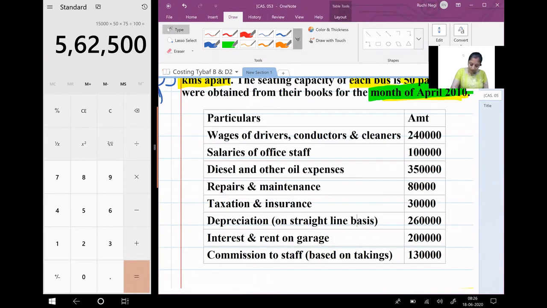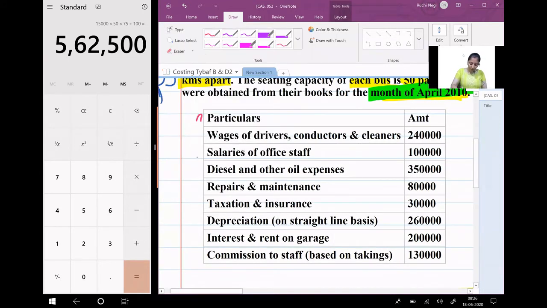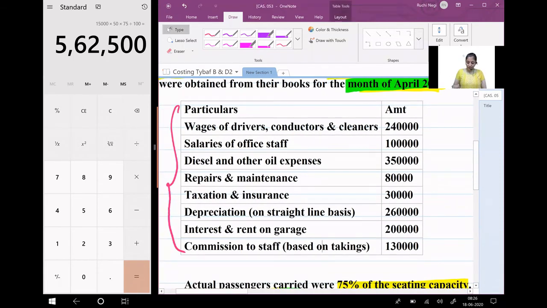So this was our total cost. Now from this we have to extract fixed and variable. Let us see. Wages of drivers, conductors and cleaners: as per CAS 5, this is variable cost. Salary to office staff: fixed cost.